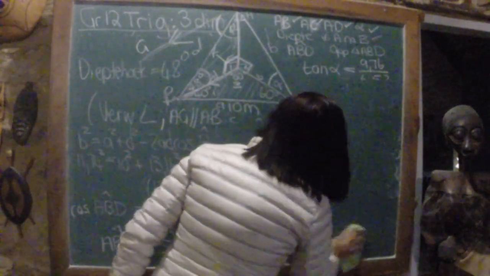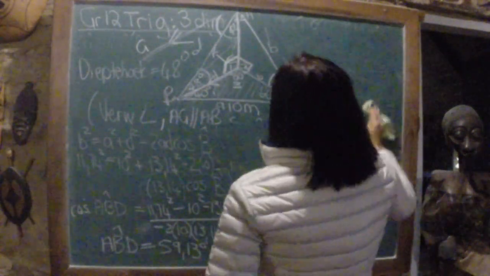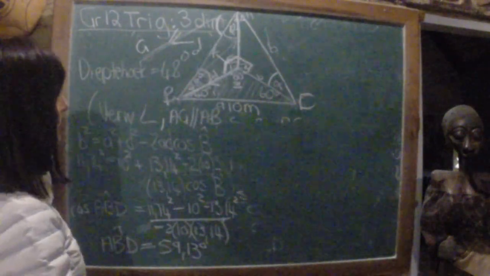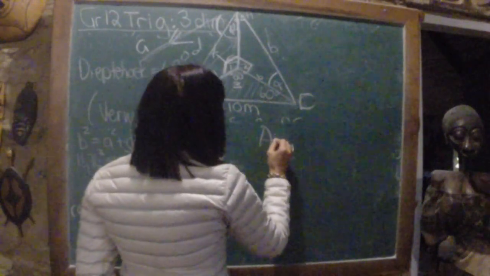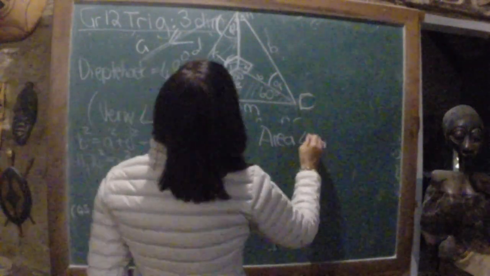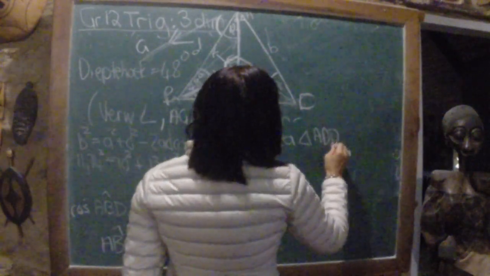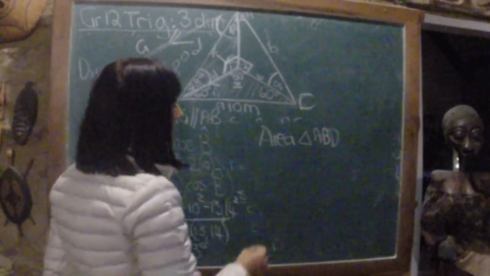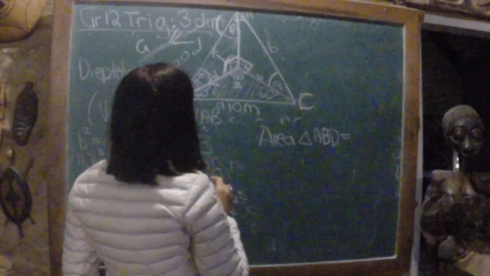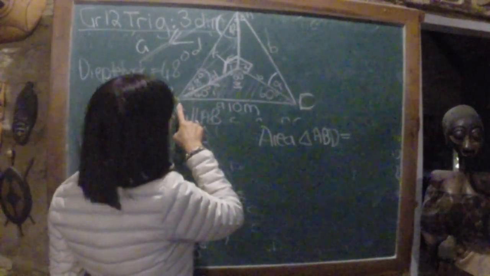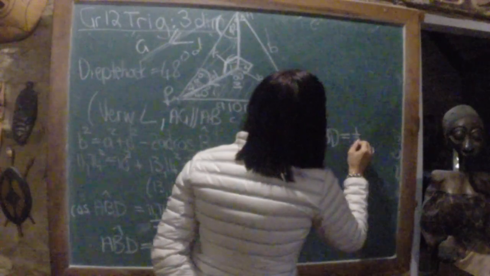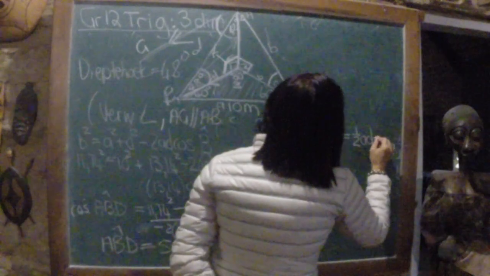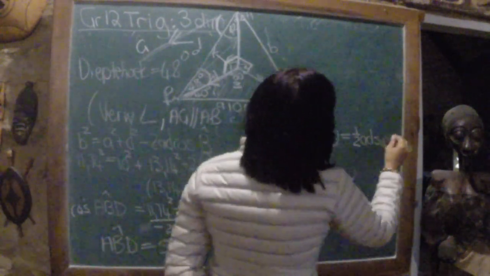Die oppervlakte van driehoek ABD, we've got now this angle, ABD, so now we can get the area, deur die oppervlakte reël te gebruik, wat sê die oppervlakte van hierdie ouetjie is die helfte van AD sin hoek ABD.